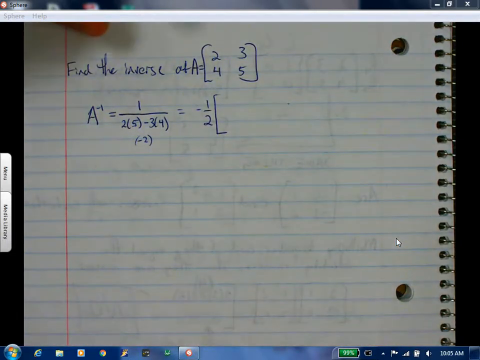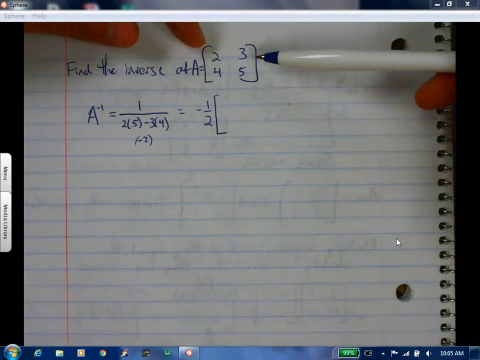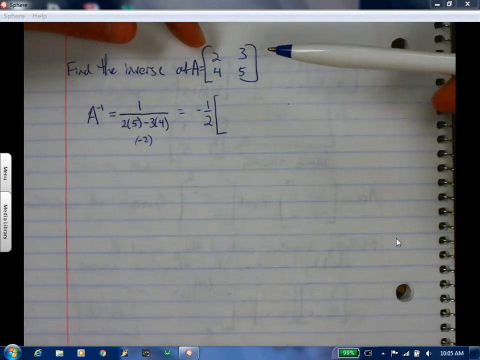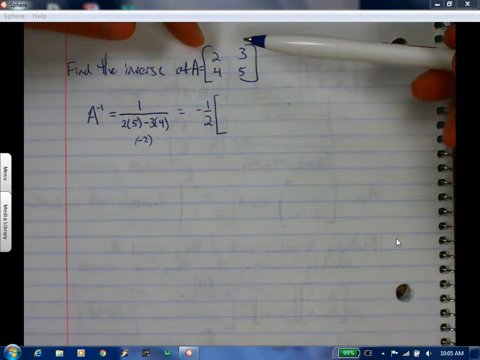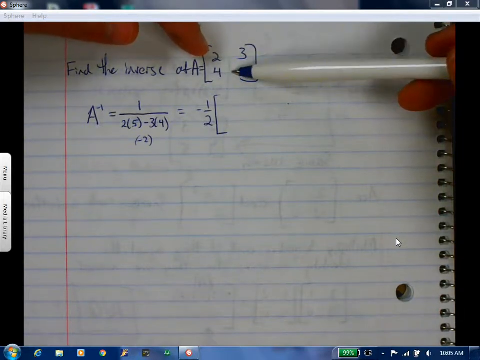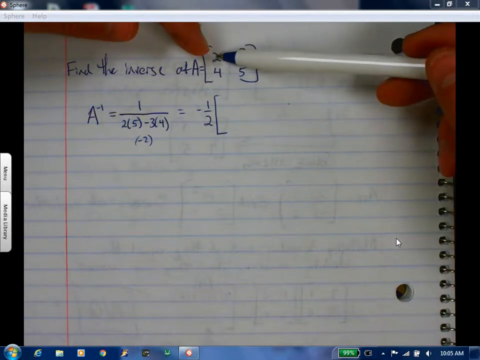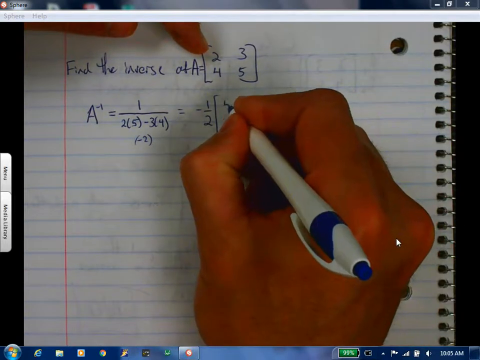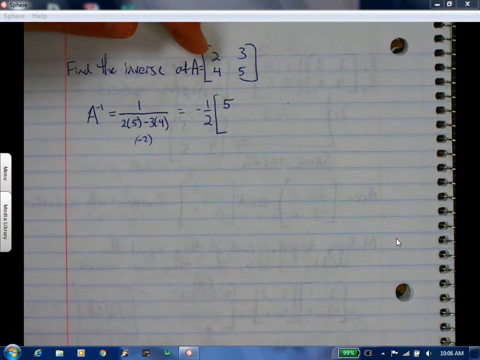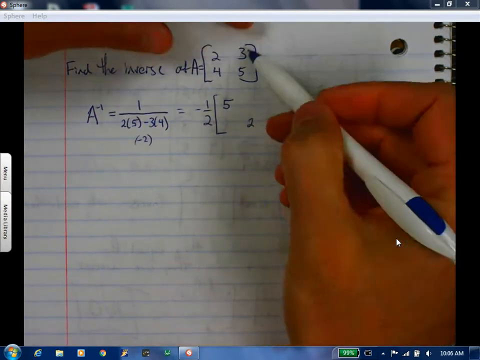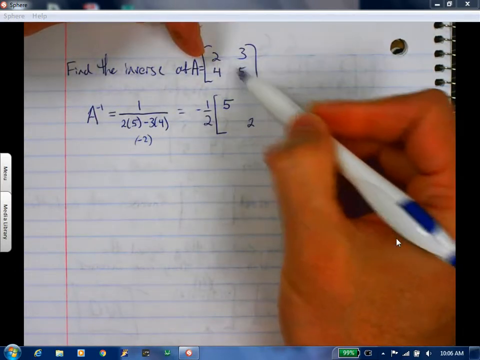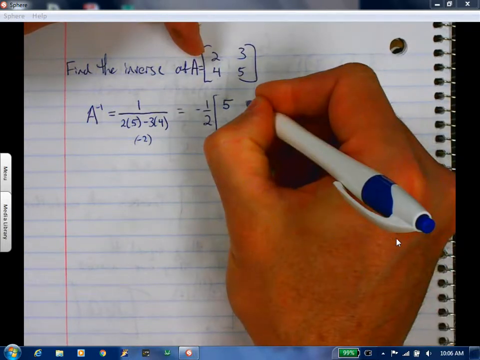Times, now we get to do the big switcheroo. Remember the A and the D flip spots. So instead of 2 up here, it's going to be a 5. 2 goes down here. So the 5 and the 2 switch, and the 3 would become negative, and the 4 would become negative.